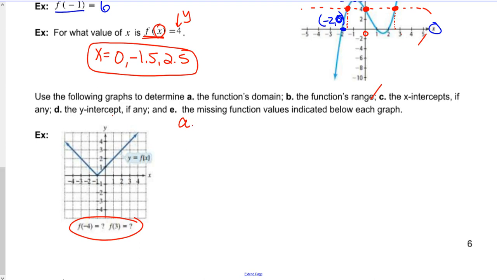A, we did domain earlier with points. Now we're going to do it with a graph. Now, if we have a function, and hopefully you recognize that somewhat as an absolute value function because it is in V shape, we need to determine the domain. Now, graphically, you're going to look left to right and determine what values do I take out. Well, notice this arrow and this arrow. This means this keeps going on forever and ever.